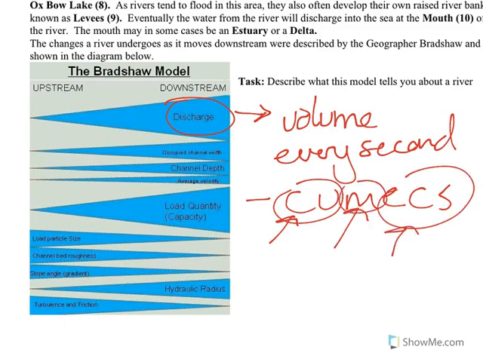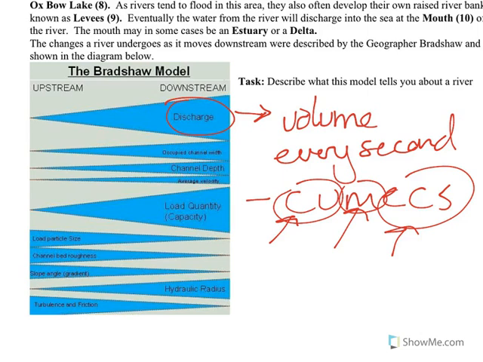So if you were standing next to a river and drew an invisible line from one bank to the other, and you then measured the actual volume of water that moved past the point you were standing every single second, you would be able to measure its discharge.